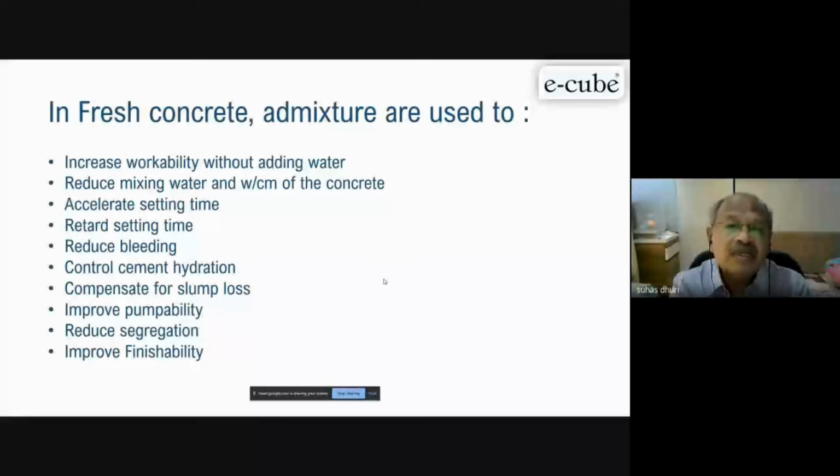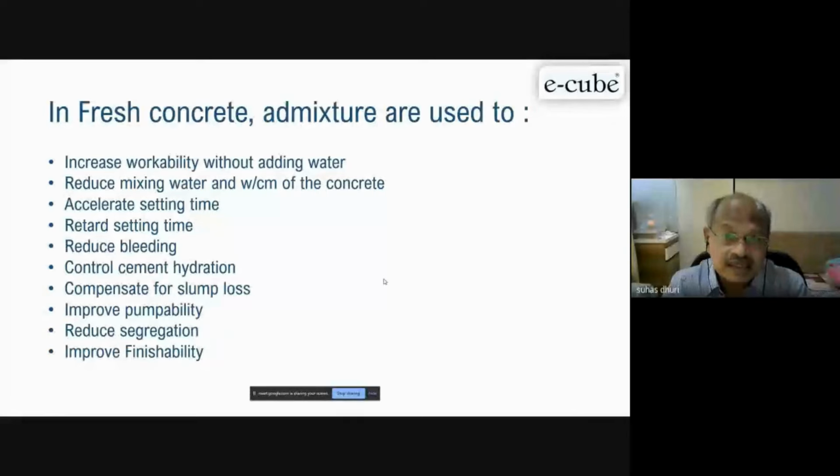That bleed water you can assess when you are designing the concrete. In the mix design stage also, there is a test given in the IS code on how to find bleeding in concrete. Your 9103 also specifies this test. When you are using admixture, the admixture also sometimes entrains air and gives bleeding at the surface. So that has to be considered, and accordingly we have to design a concrete.